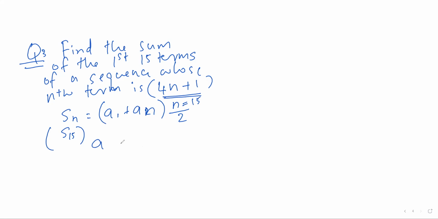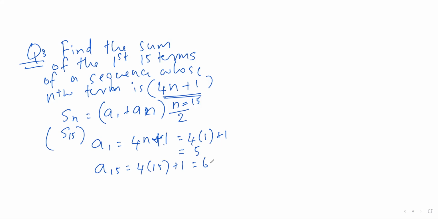So a1 is 4n plus 1, meaning 4 times 1 plus 1, and that is 5. Similarly, a15, the 15th term, which is the last one of the sequence, is 4 times 15 plus 1, that is 61.